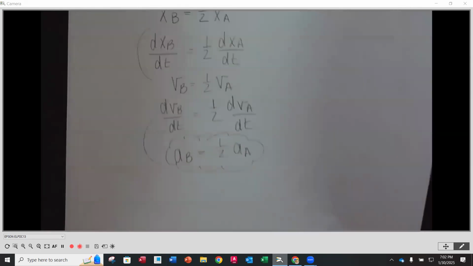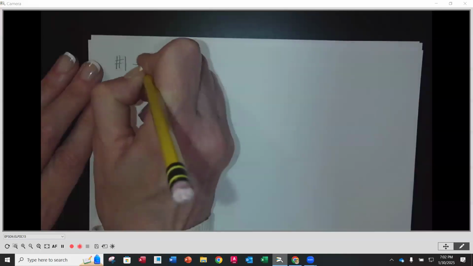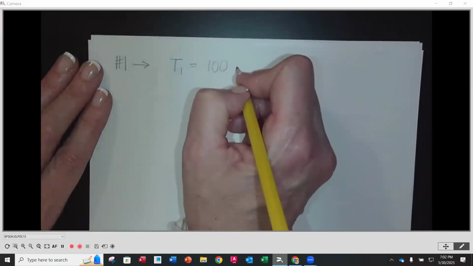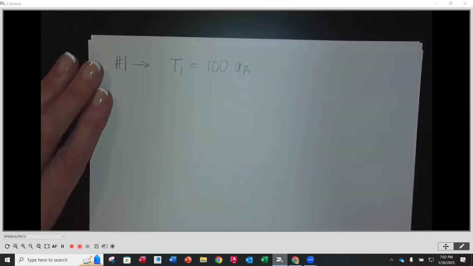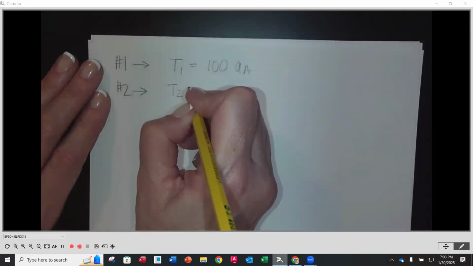Now, you don't have to do this, but just so that the paper is organized, I'm going to rewrite my equation number 1: T1 is equal to 100 times the acceleration of A. My equation number 2 was T2.